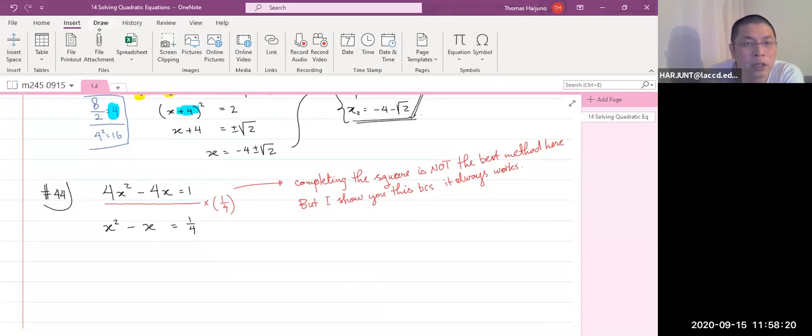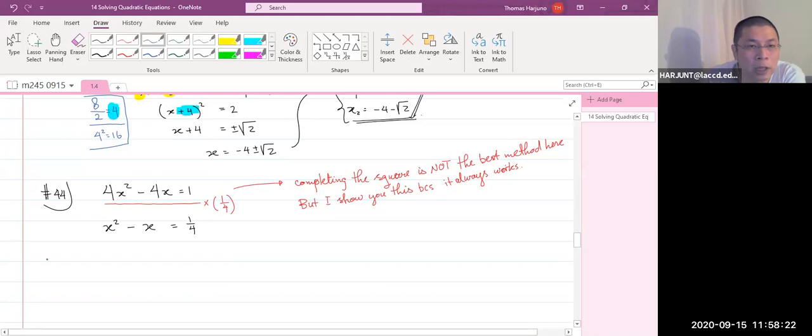Now then, once the leading coefficient is 1, I take the coefficient of x and divide by 2. It's a fraction, -1/2, and then I square it, which means I need to add 1/4 to both sides.